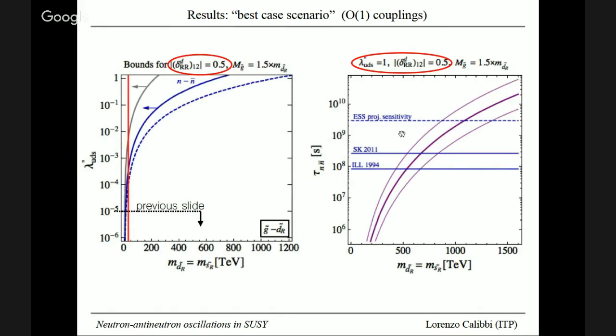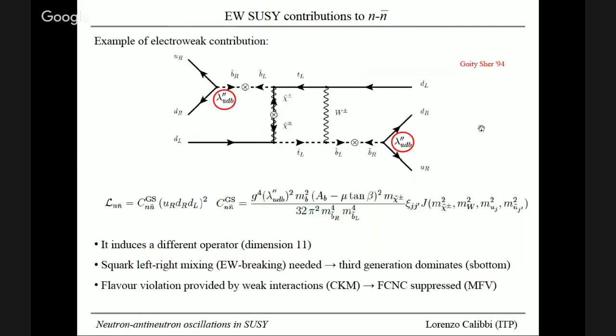But you can see anyway, there is a lot of room for improvement for these new experiments. So in principle, we can really even go up to, again, 1000 TeV in testing this kind of models.